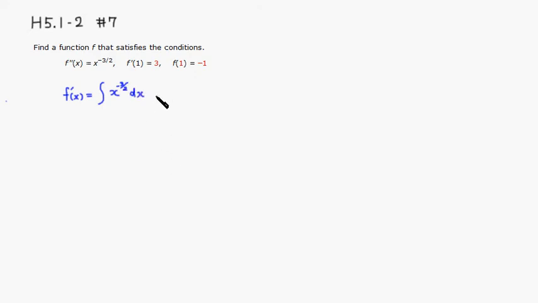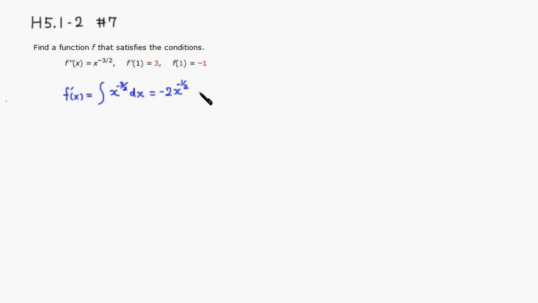This is just the power rule. We add 1 to the power, which gives x to the negative 1/2, and dividing by negative 1/2 is the same as multiplying by negative 2. So I'll just do that.